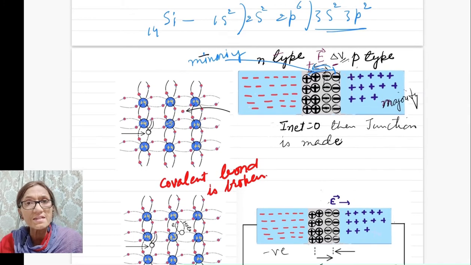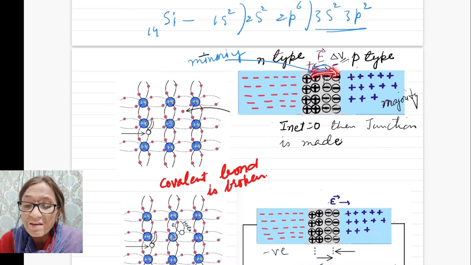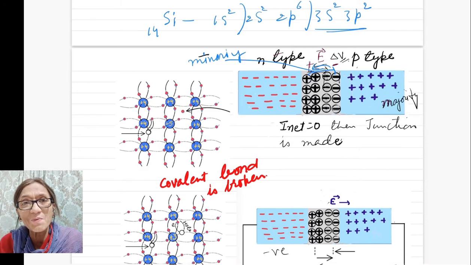Now when will the junction be made? When the two currents become equal, then the net current will become zero because the two currents cancel each other. And then only is this junction made. Initially the junction was not made.